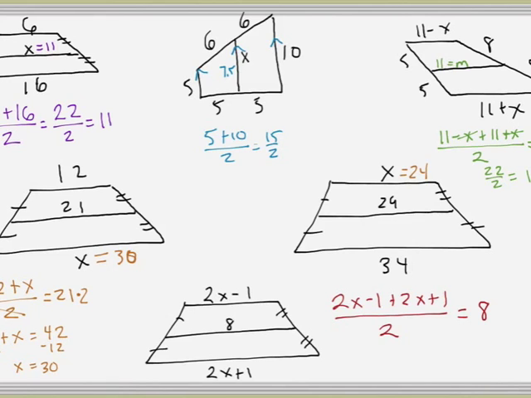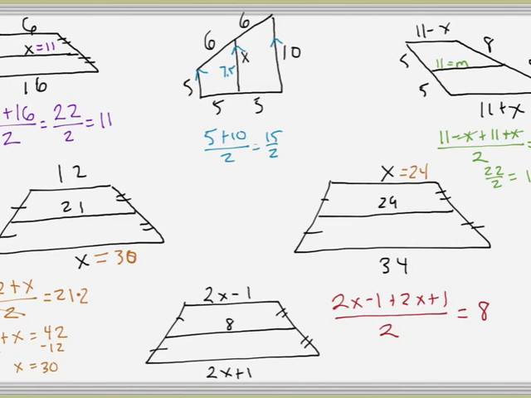If you had to solve for x in each of the bases plus the midpoint, it would look the same. You just have more x's in your problem. So if this was 8x instead of just an 8, then you would just have more x's in your problem. Same process every time: add together the bases and divide by 2 equals the middle.